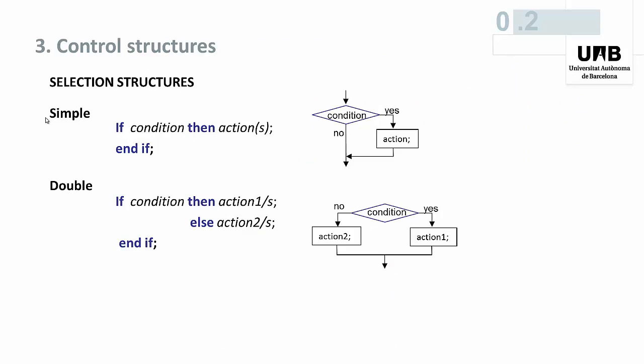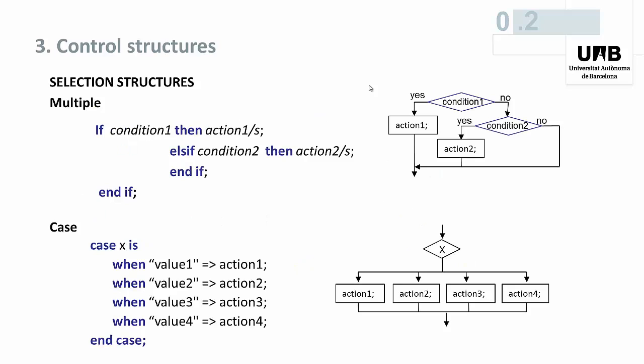We will use selection or branching instructions such as this one. If some condition holds, then a sequence of actions, the corresponding diagram is this one. Or if some condition holds, then a first sequence of actions, else another sequence of actions.